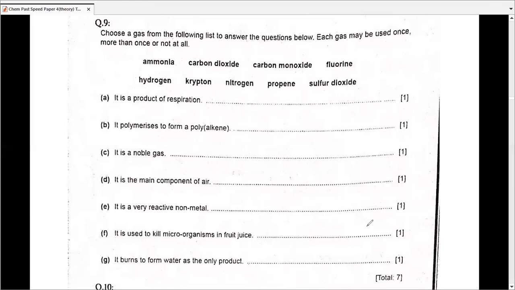It's just an element. And there are a total of 4 elements in there: hydrogen, krypton, nitrogen, fluorine. It's not a compound. It would be fluorine. Fluorine. Yeah, now you got the hint of it. Good. F. I didn't see fluorine. Vigilance has to be a part of examination.